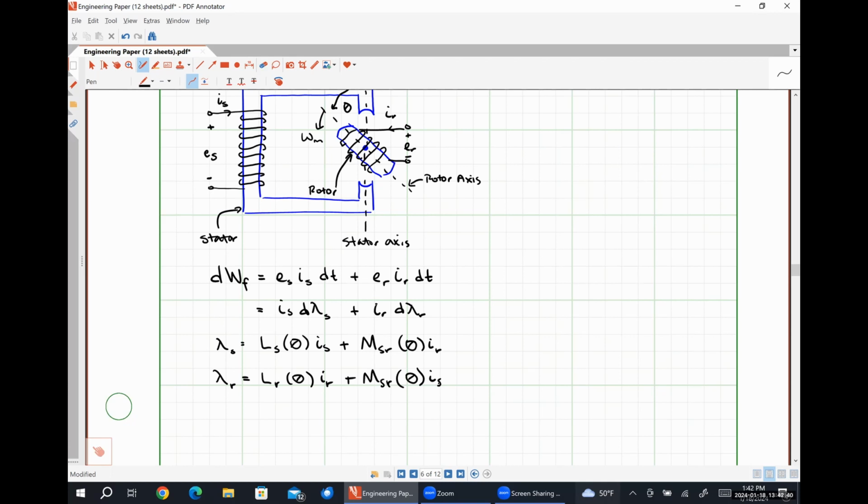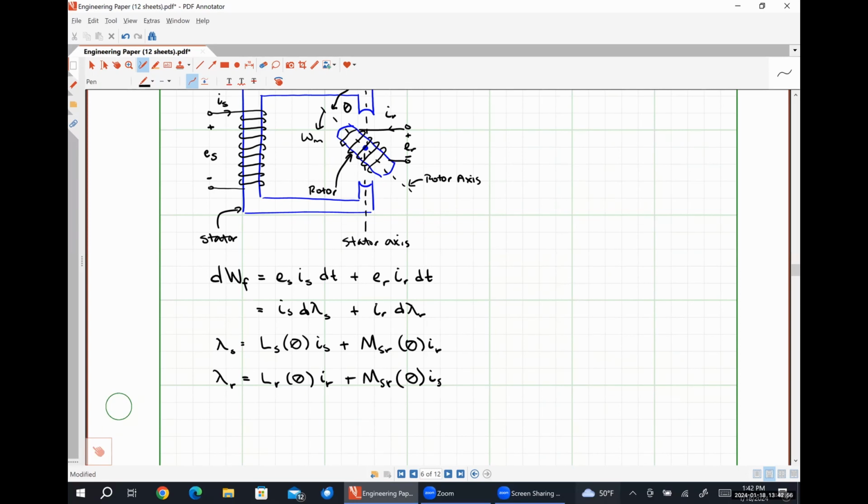As the rotor spins, that gap length is constantly changing, and because of that, the self-inductance and mutual inductance values are also constantly changing.